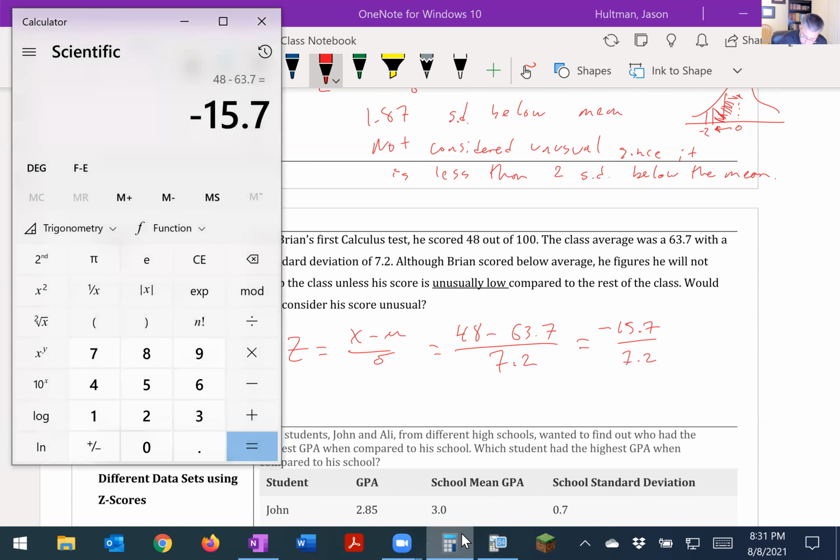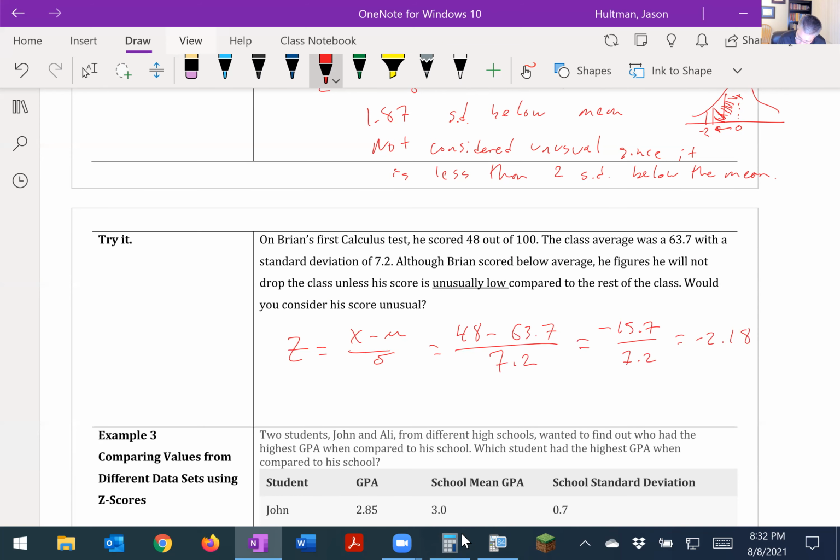Okay, and now let's divide that by 7.2. And we get negative 2.18. Negative 2.18.